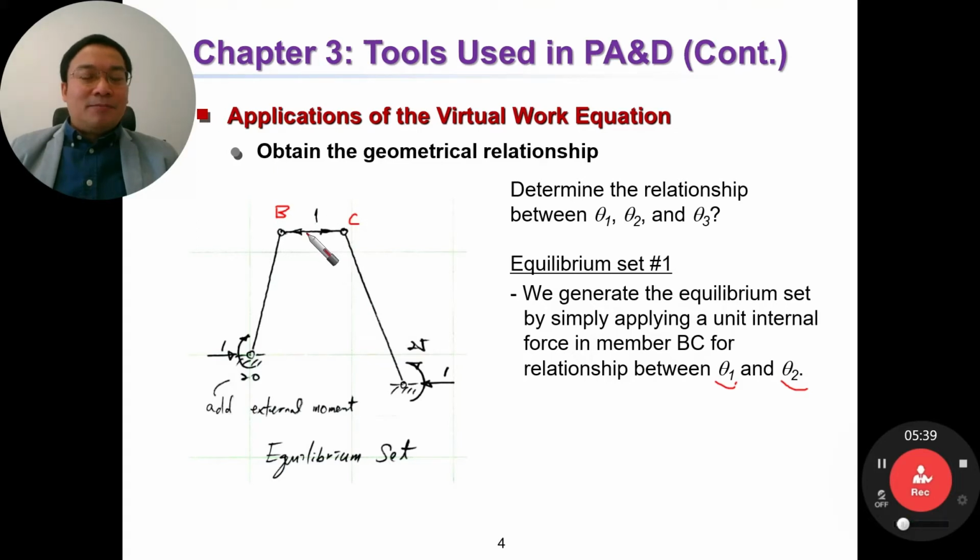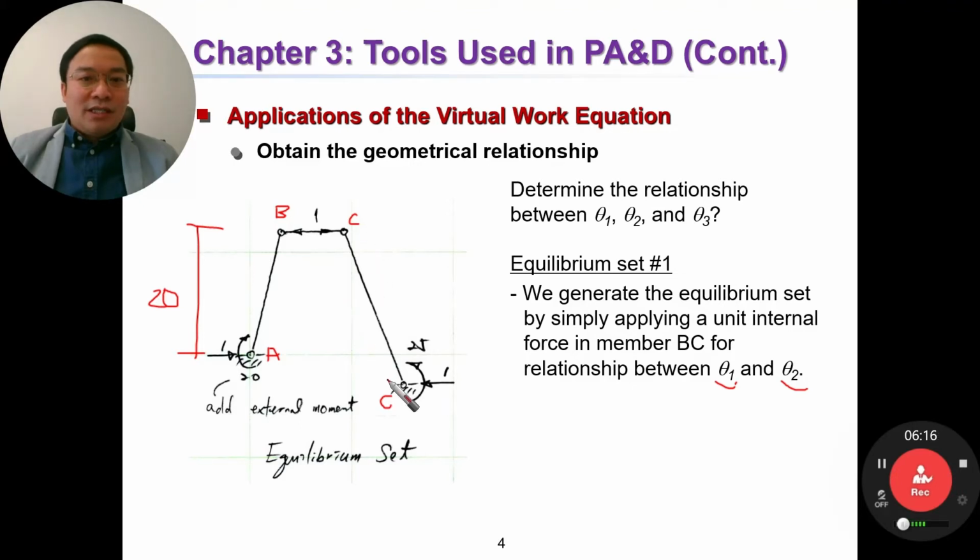By applying this unit force, we can determine the reactions at A and at D. It's very simple, right? Because this is 20, the reaction moment here is 20, and the horizontal reaction is 1 for AB.